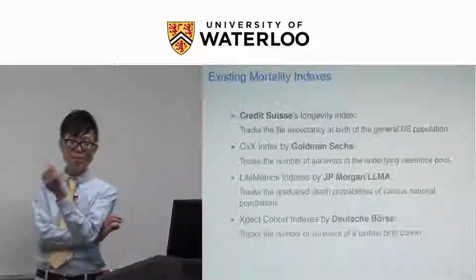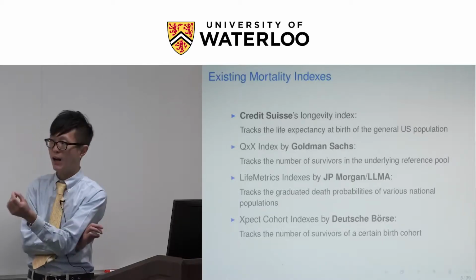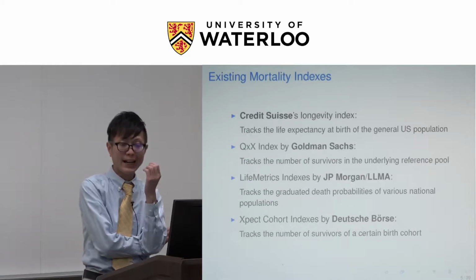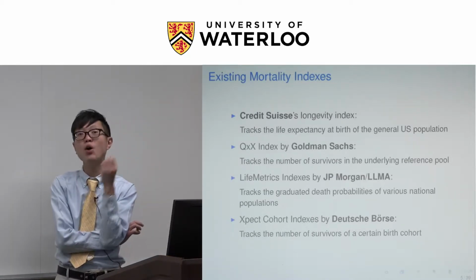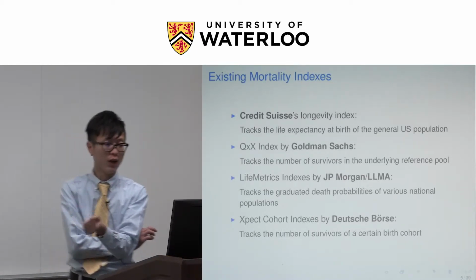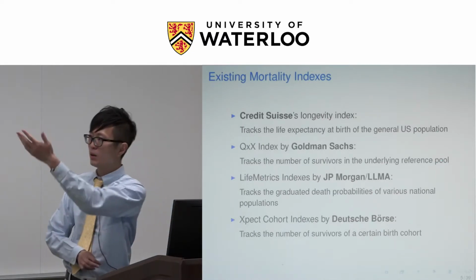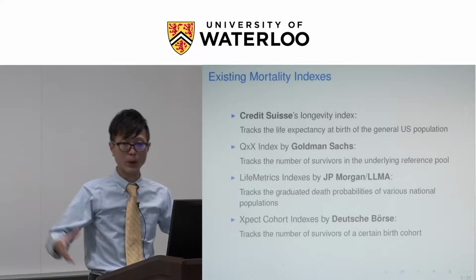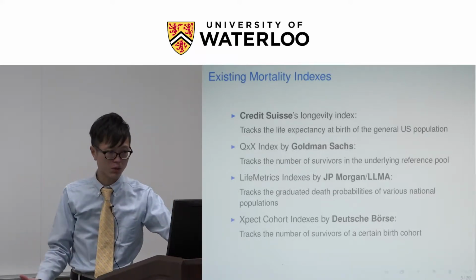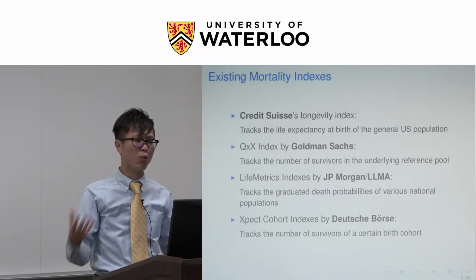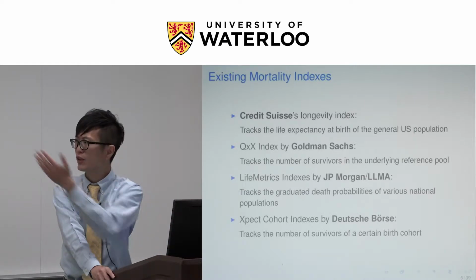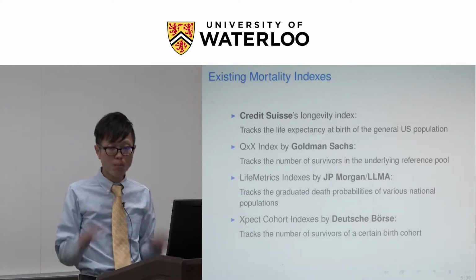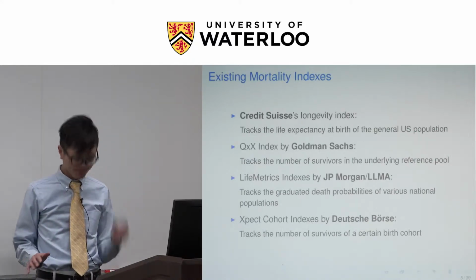All right, so I would describe all of these indices as non-parametric. We call them non-parametric indices because in the calculation of these indices, there is no model, i.e. no parameter involved. For example, to calculate the Credit Suisse index, we can easily use crude central mortality rates, and likewise, the calculation of the number of survivors in the QXX index requires no model or parameters.